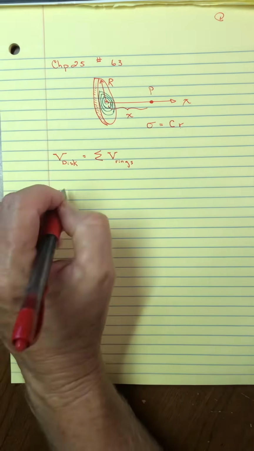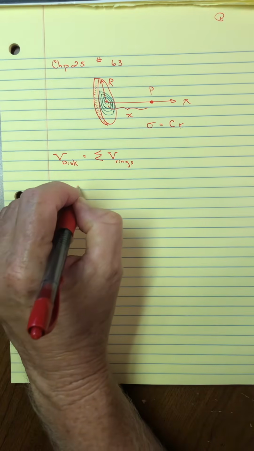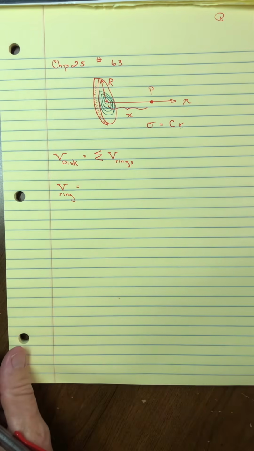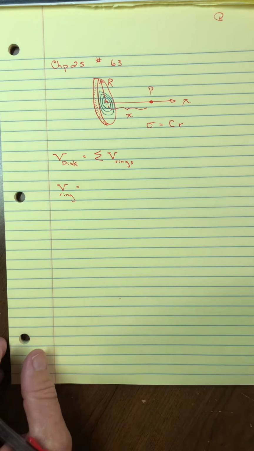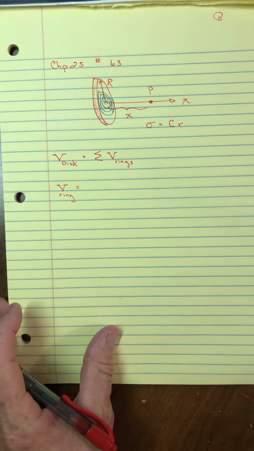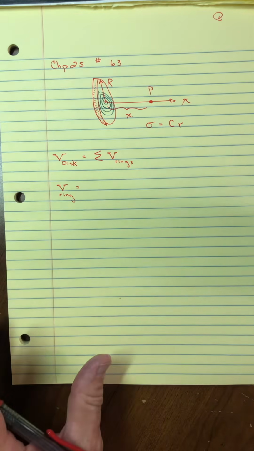Now, let's talk about the potential from a ring. In the Zoom, I went ahead and re-derived it kind of as a review. But for this video solution, I won't. You can look at the Zoom if you want, but it's also done for you in the textbook. It's example number 5.